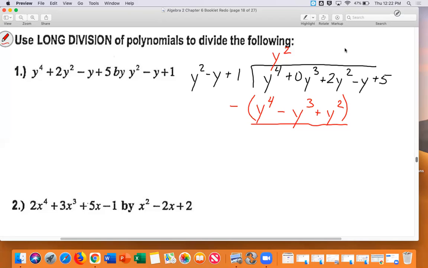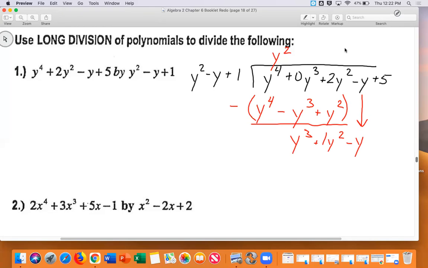Y cubed, or 0y cubed, minus negative y cubed. That is y cubed. You guys see that? 2y squared minus 1y squared is 1y squared. And then this drops down. So it's minus y.